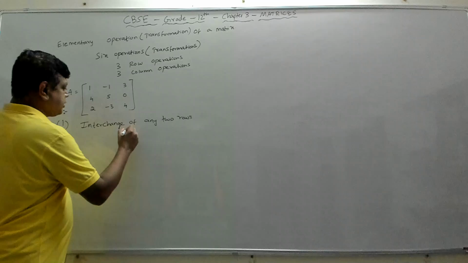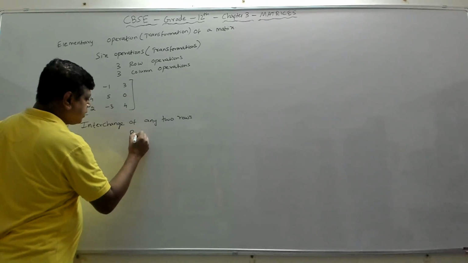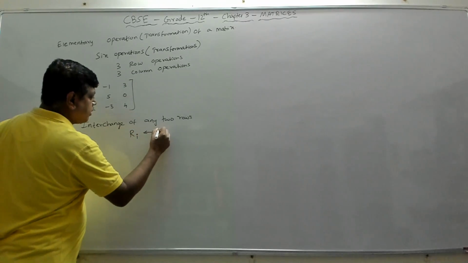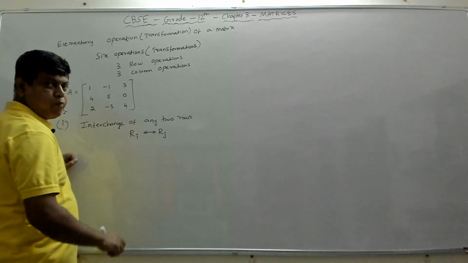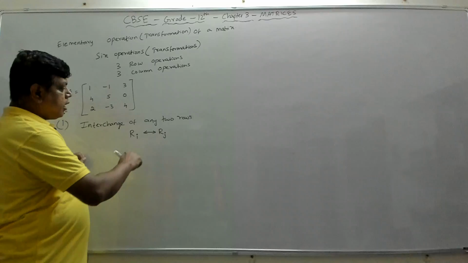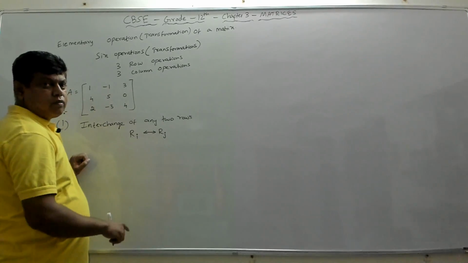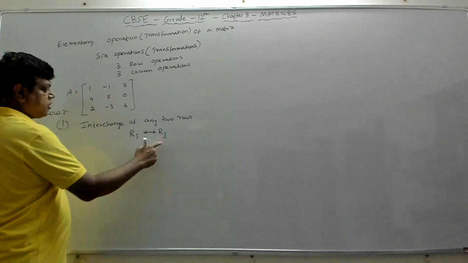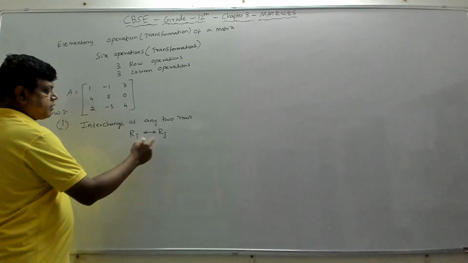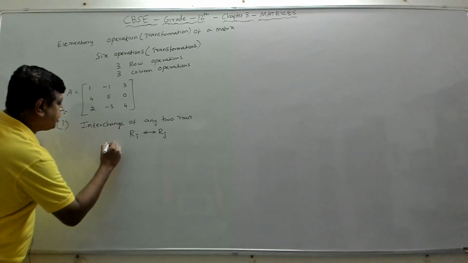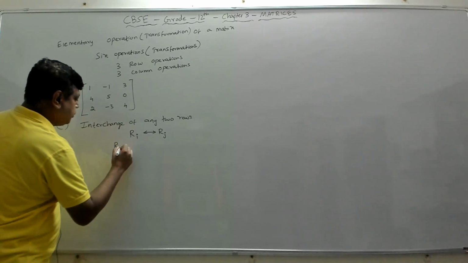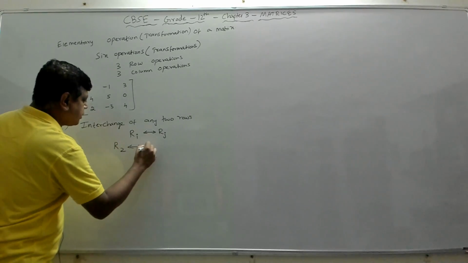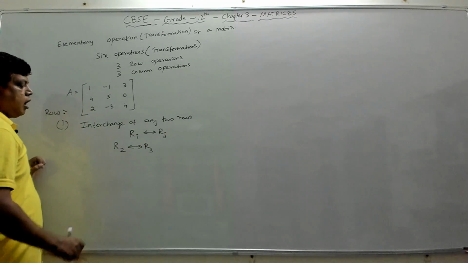Symbolically, it is denoted as Ri ⟷ Rj, the arrow on both sides, which means Ri and Rj are interchanged. This is in general. In particular, we can interchange R2 and R3.